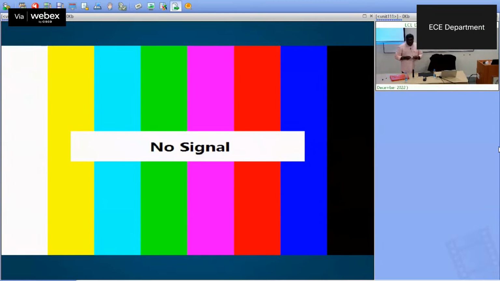Off diagonal you get the cross correlation: expectation of y1 y2 minus mu y1 mu y2. And then for 1 and 3, it is expectation of y1 y3 minus mu y1 mu y3.